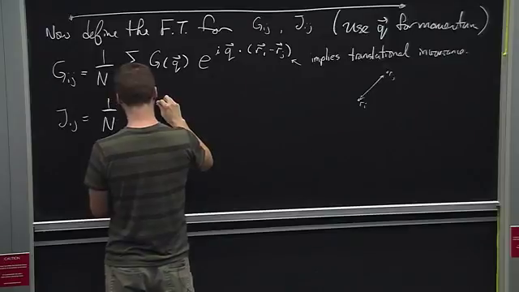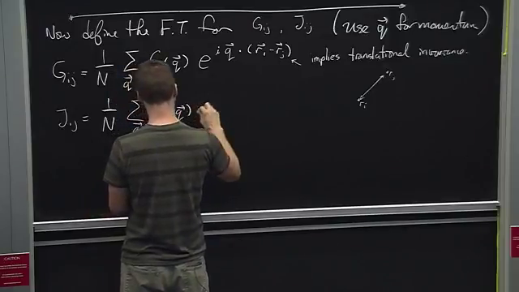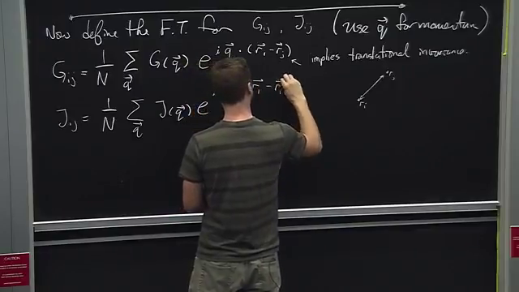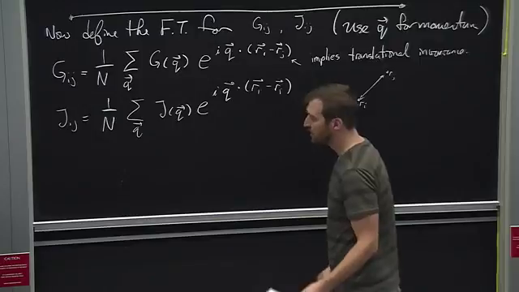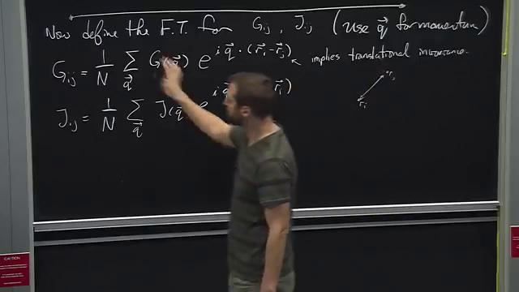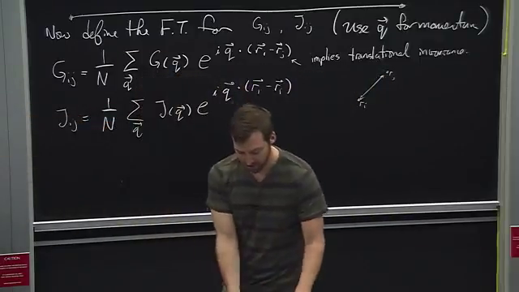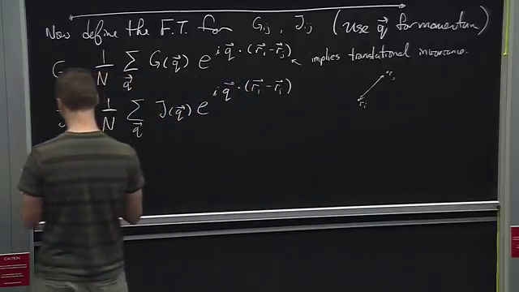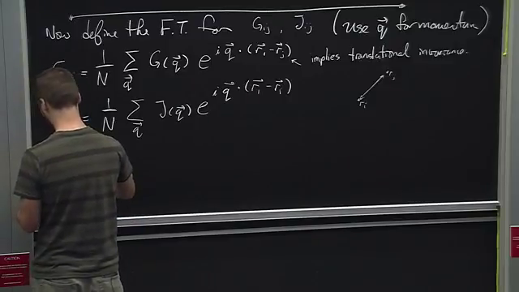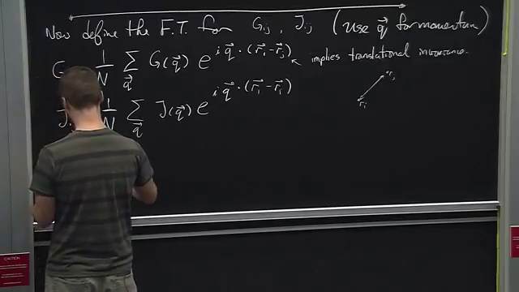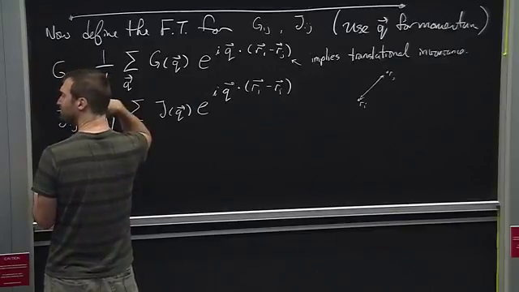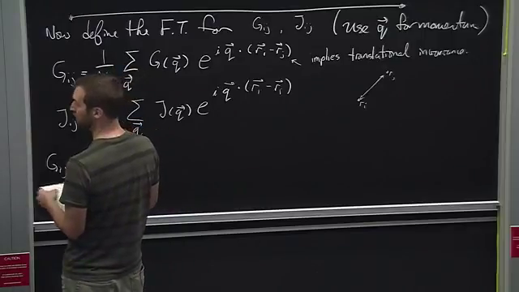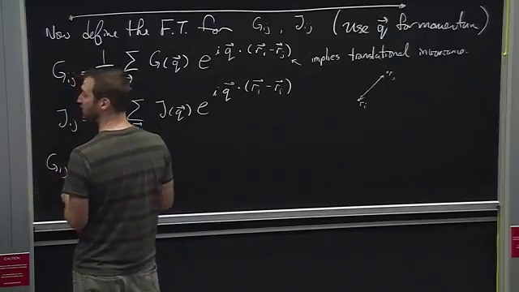I'm just defining the object J. Okay, so now I'm just going to substitute these expressions into my equation. And I have a delta to worry about there. I don't know which one I like better. Let's do the second last one, actually.